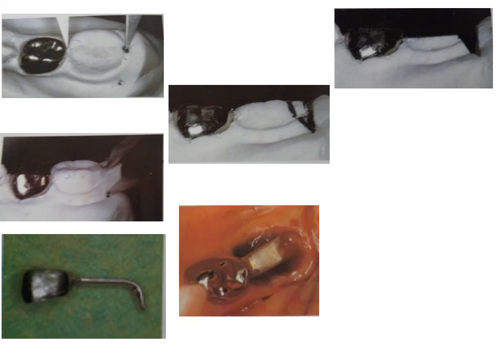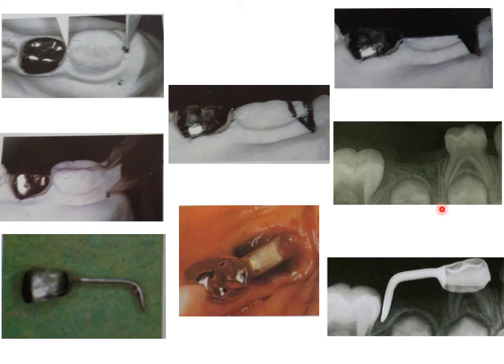The tooth that needs to be extracted is trimmed, after which the bar is placed, and according to the depth and length of the bar, it is soldered to the crown. Once the patient comes, you extract the tooth, place the appliance, take a radiograph, check the position, and then cement it.